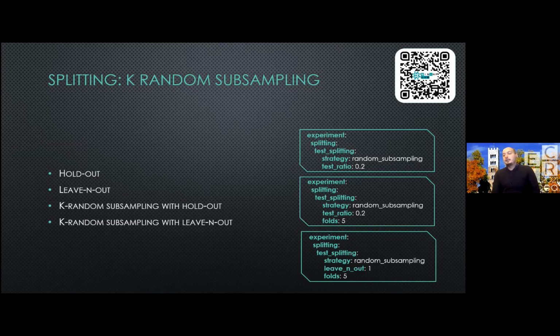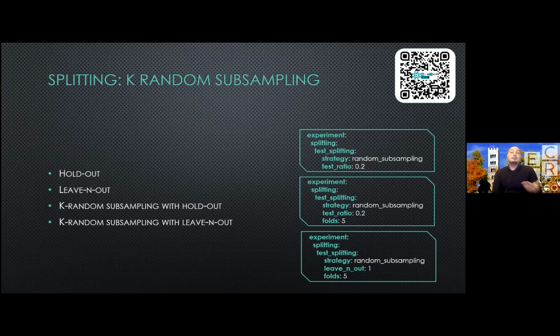The basic case of subsampling is the classic 80-20 holdout, but we can perform a certain number of holdouts, without the partitioning that is needed for k-fold cross-validation, but following the same strategy of 80-20 holdout or whatever.